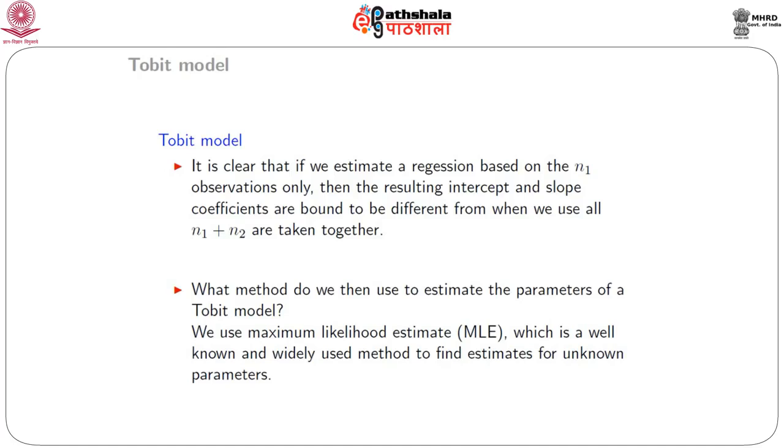Now, from the plot, it is clear that if we estimate a regression based on the n1 observations only, the resulting intercept and slope coefficients are bound to be different from when n1 and n2 are taken together. So there is special care that needs to be taken when we wish to fit a Tobit model to a data set. Now, how would we want to estimate the parameters?